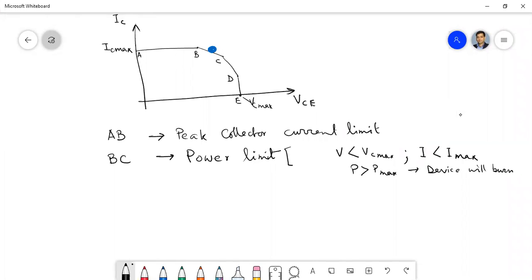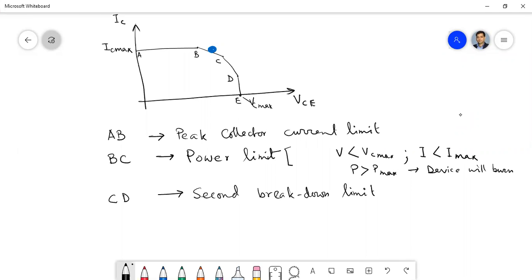The next line is CD, the second breakdown limit. Second breakdown is a phenomenon that occurs in the case of BJT only.